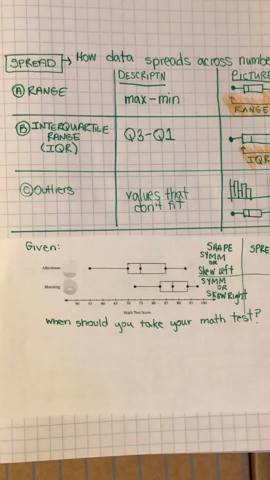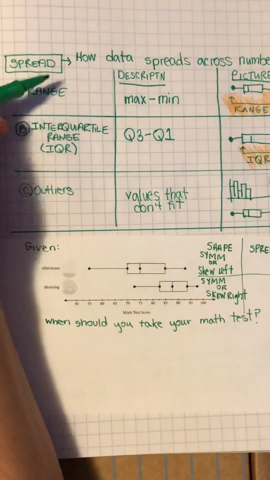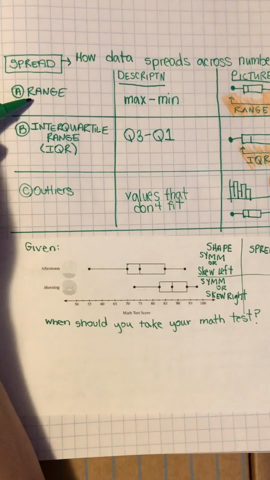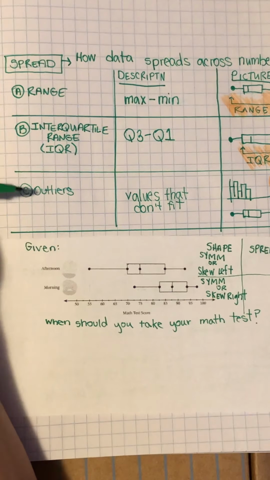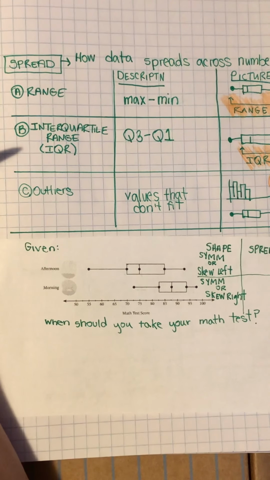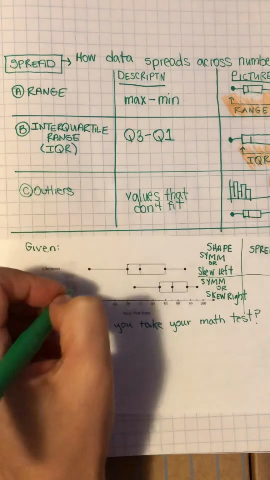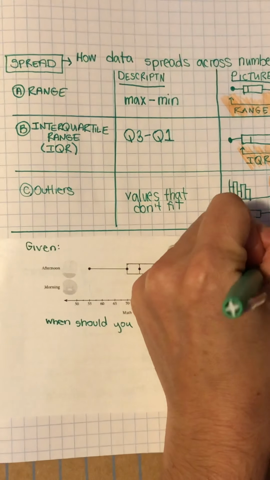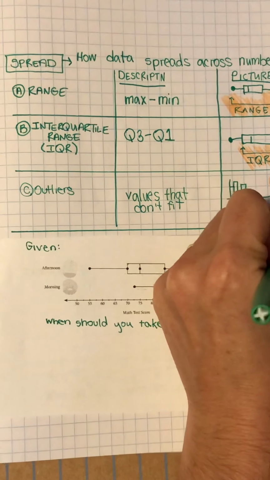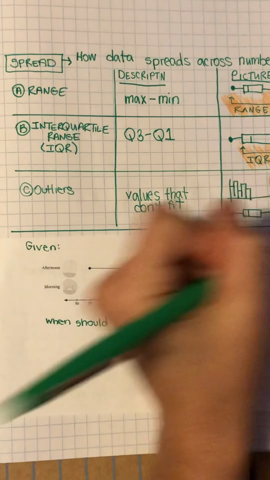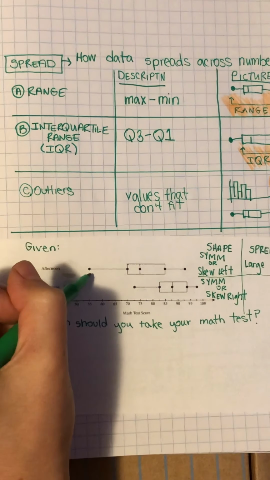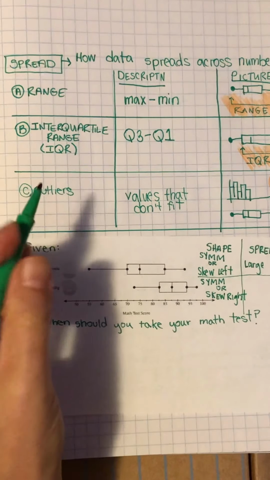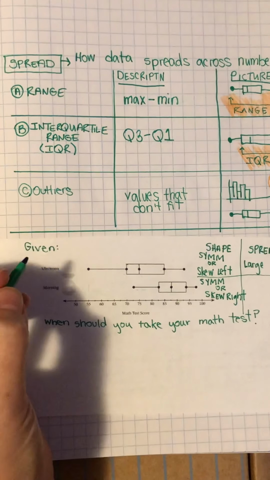So what about the spread of this data? Well, if I'm looking at these three, the range, the interquartile range, and then the outliers, when I'm thinking about spread, this has a large range right here. So lots of variability. Someone could get a 55 and someone gets a 95, and anything in between.